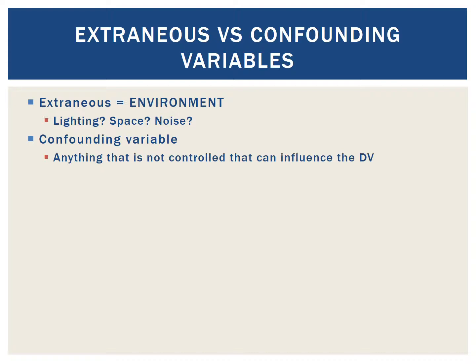A confounding variable is something that is not directly controlled by your study, but it might influence your dependent variable. So when we talk about extraneous variables, we're talking about other things that may be present in the environment. Confounding variables are usually things that might have some association with one of your conditions.